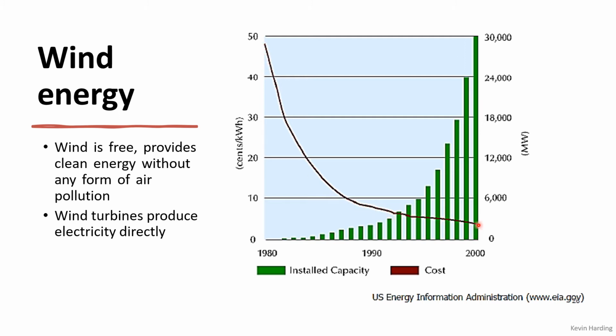So now in 2000, and again, we could probably go and check these numbers, it looks like it's about 5 cents. So it's 10 times cheaper in 20 years. I'm not quite sure what it is in the next 20 years. I doubt it's got that much cheaper, but there you can see how much cheaper it's got. In the 1980s, it was almost non-existent. In the 2000s, the installed capacity has increased dramatically.